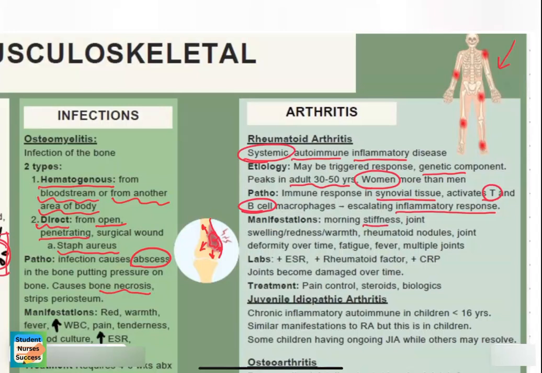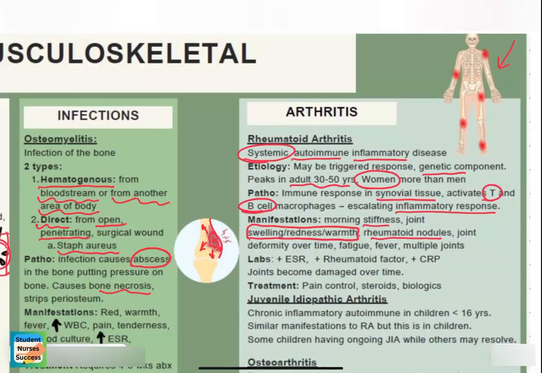Manifestations: stiffness, especially in the morning, joint swelling, redness, warmth throughout the body and multiple joints. You may see the development of these rheumatoid nodules in the joints, joint deformity over time from the synovial inflammation, scar tissue, and it really just does destroy the joints over a period of time.